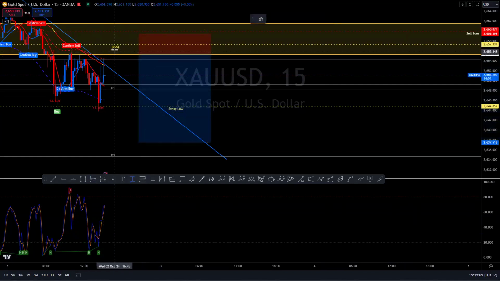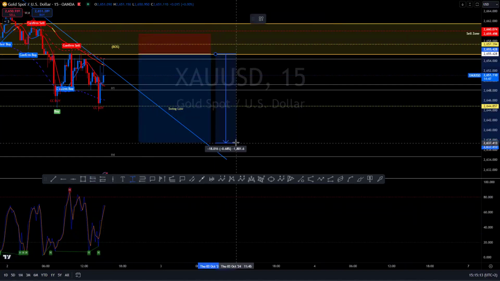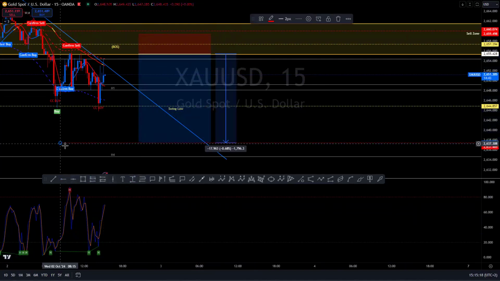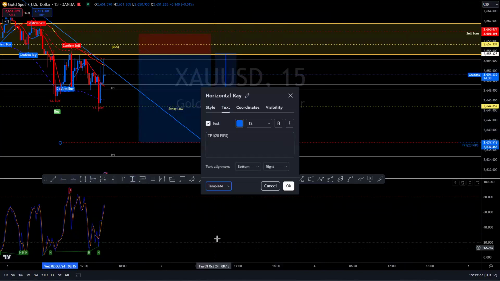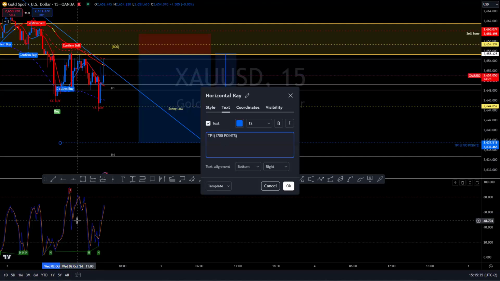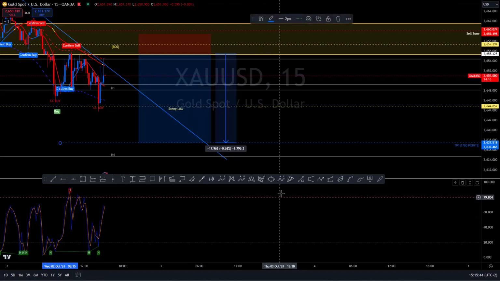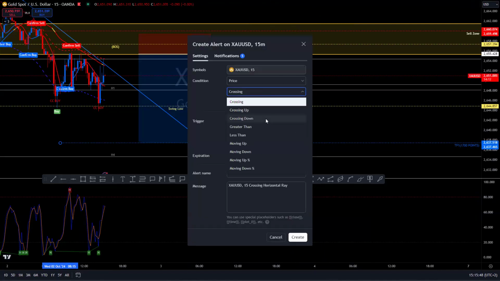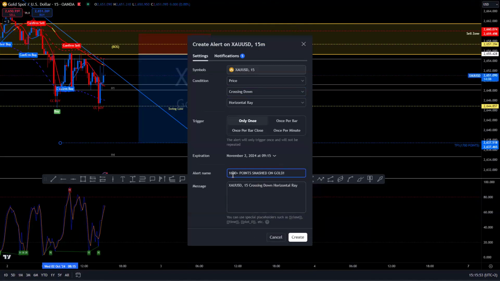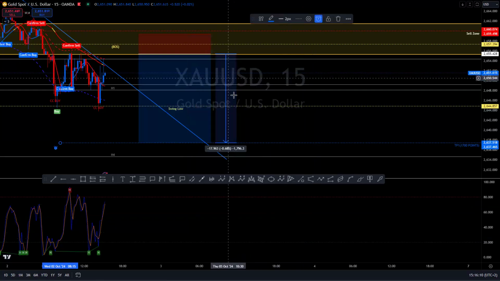So if price happens to stick out and go down in this area, I'm looking to sell it down here, which would be a total of 1,700 points. But the alert is set.